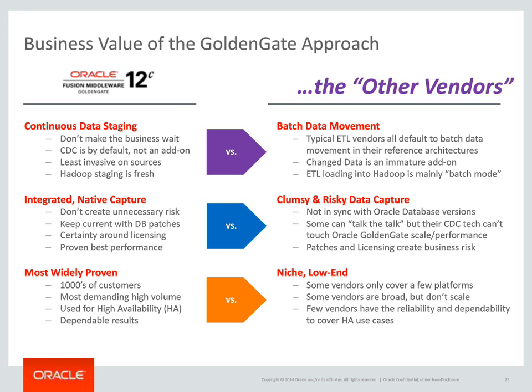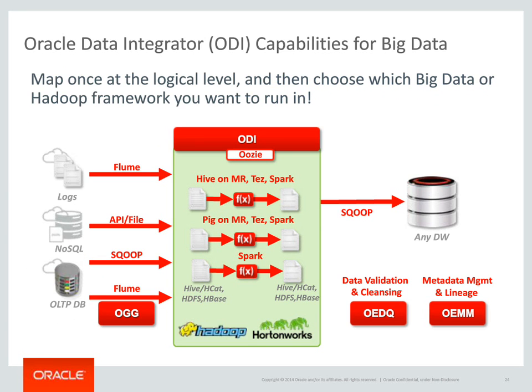We also have the Data Integrator technology footprint within the technology stack. This is key for us so that regardless of whether in some cases folks will continue to use Scoop for batch loading into the Hadoop and Hortonworks platform, but as these evolve over time to Flume as well as Kafka and Storm and indeed Golden Gate directly, no matter how the data arrives, the next steps in processing most often involve some types of complex processing.